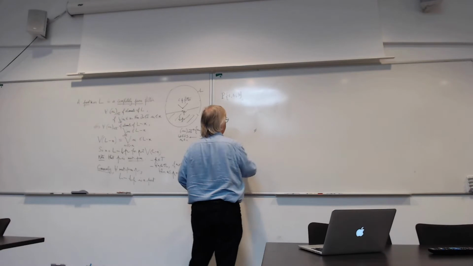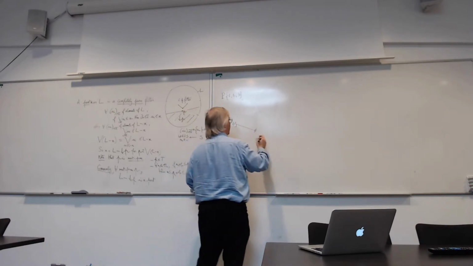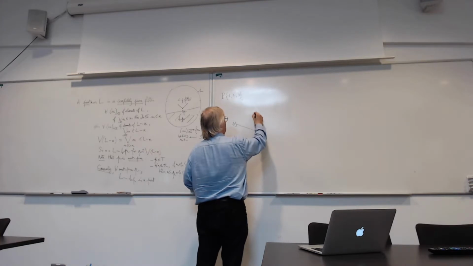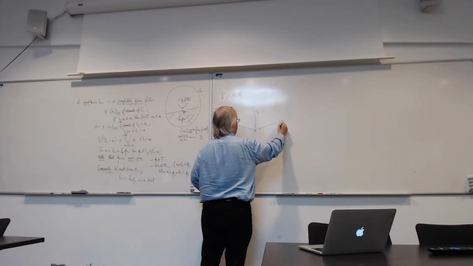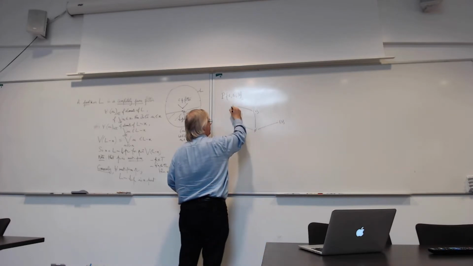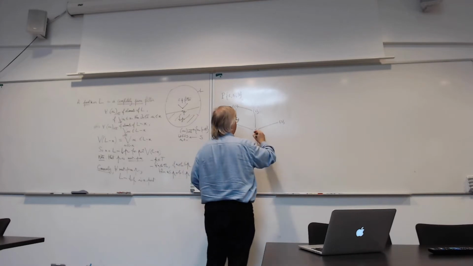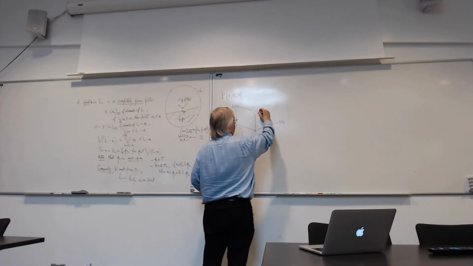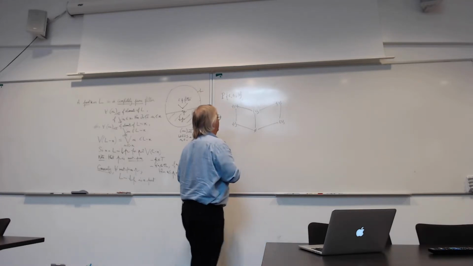So I start from this, and adding 1 goes this direction, adding 2 goes this direction, adding 3 goes in this direction. Now I can add 1 going this direction, or add 2 by going this direction. I can add 3 to this one going in this direction, or add 2 by going up.